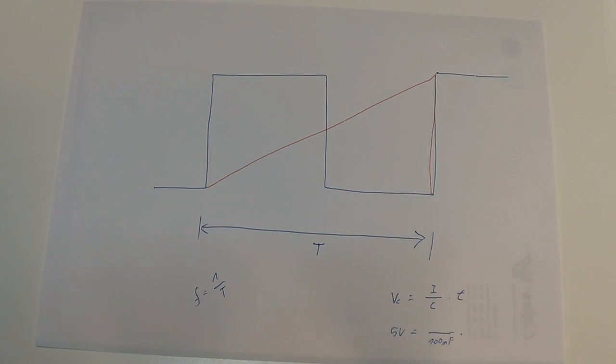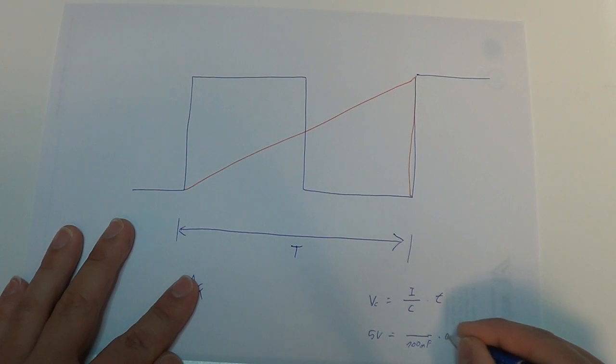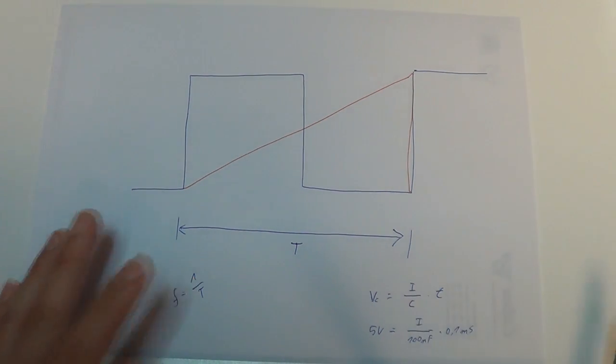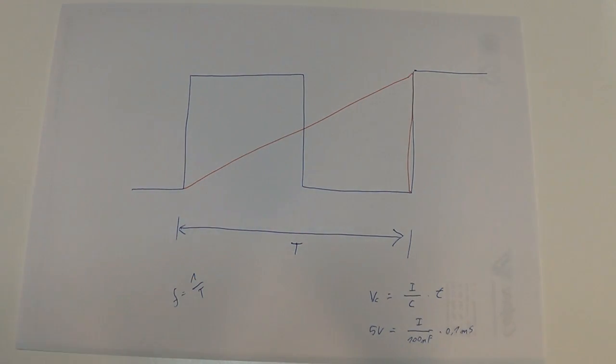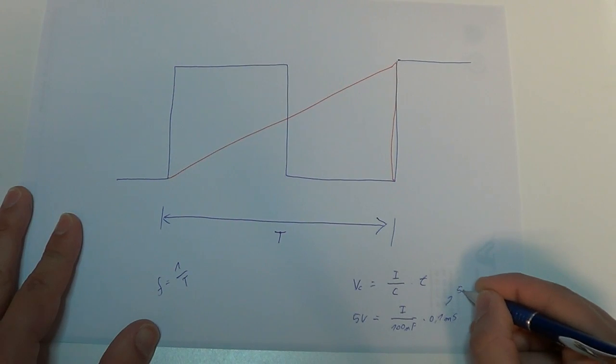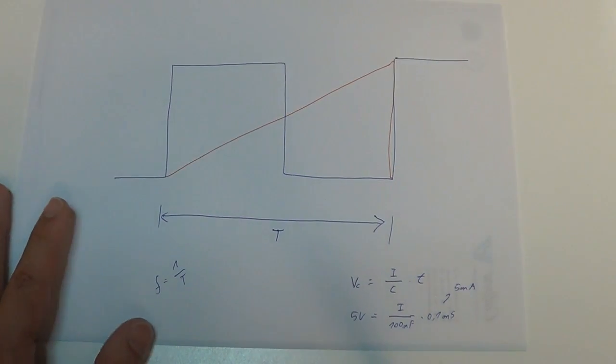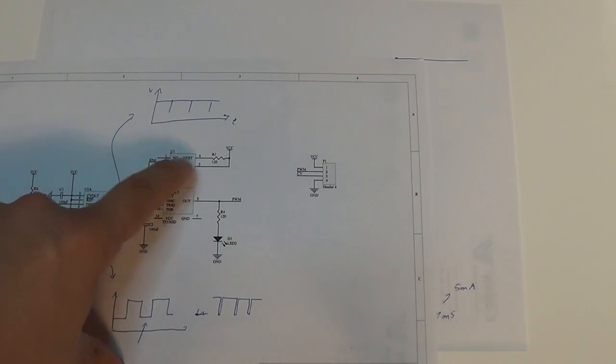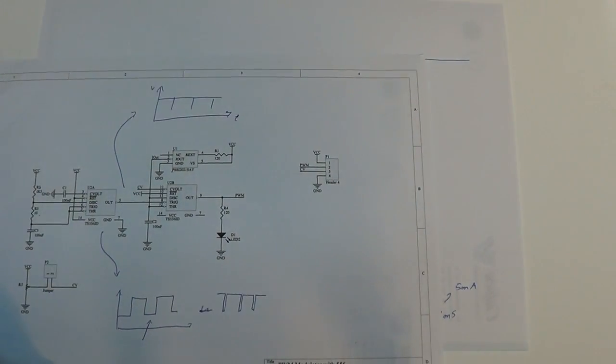In my case it was 0.1 millisecond, and because of that my current is 5 milliamps. And that is how you have to calculate this current source for this circuit to work.